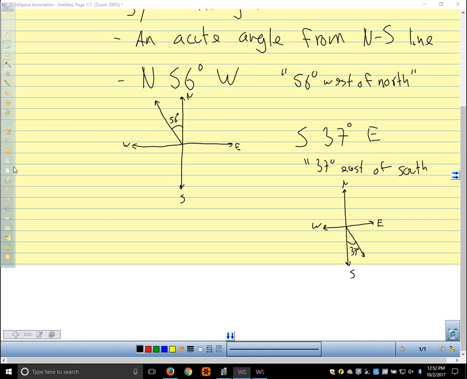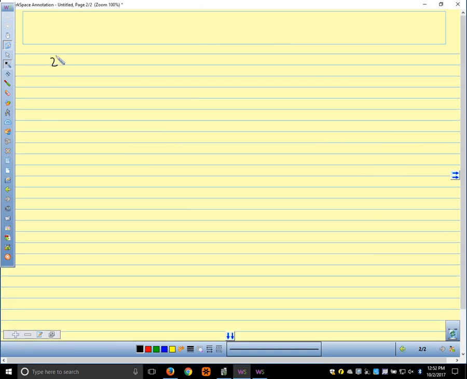The second way is for air navigation. For air navigation, bearing is measured from due north.